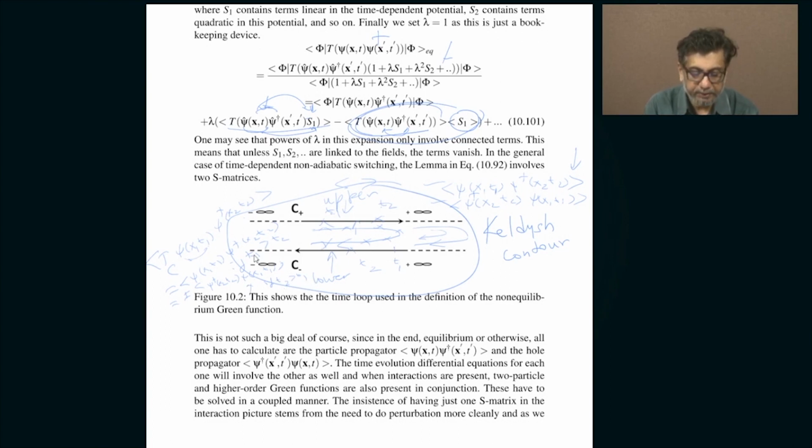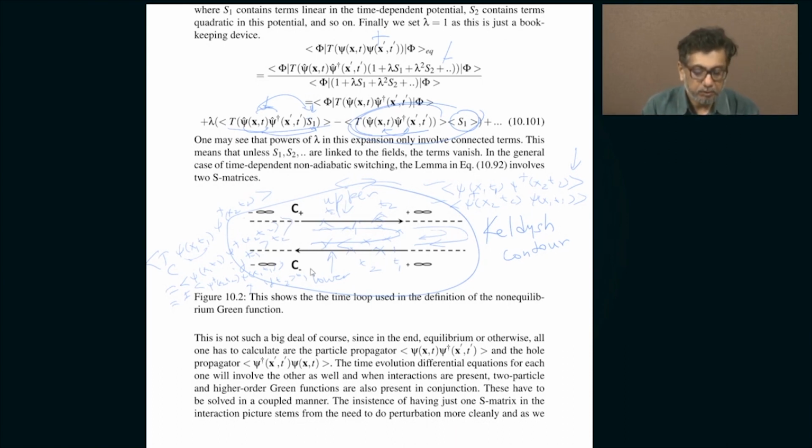If you want to get the particle Green's function, all you have to do is make sure that T1 is on the lower branch and T2 is on the upper branch, and regardless of the numerical values of T1 and T2, you will always be studying the particle Green's function.